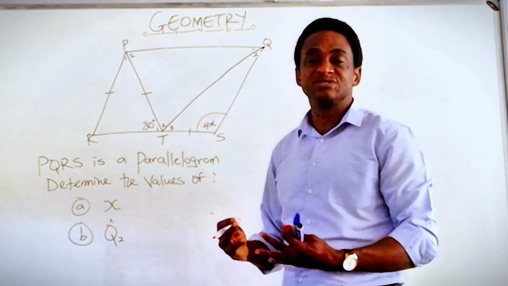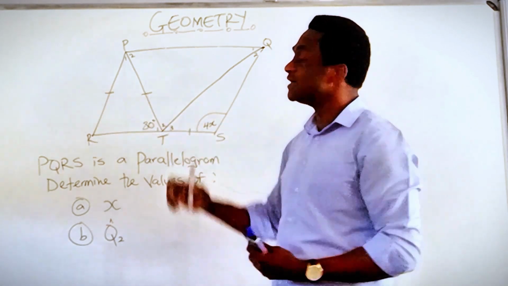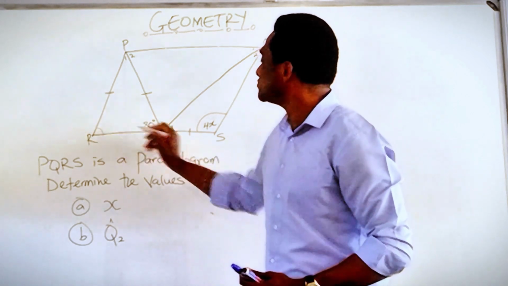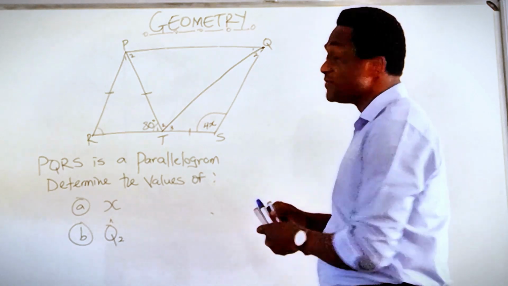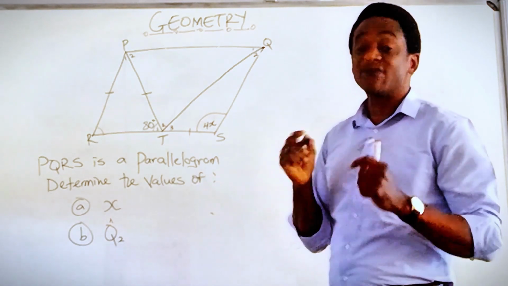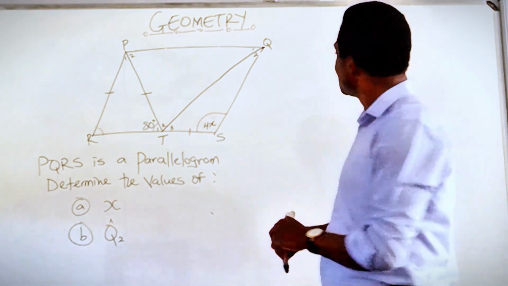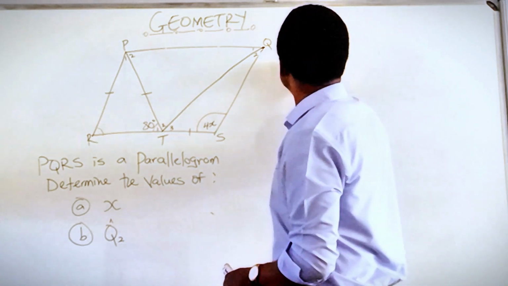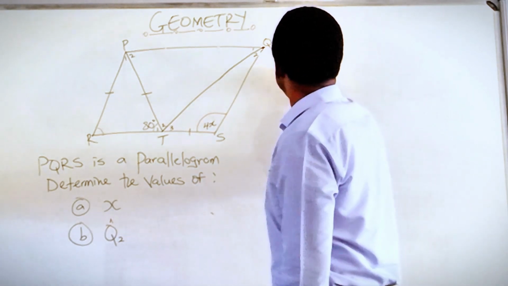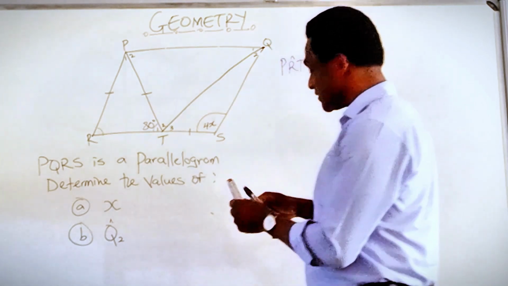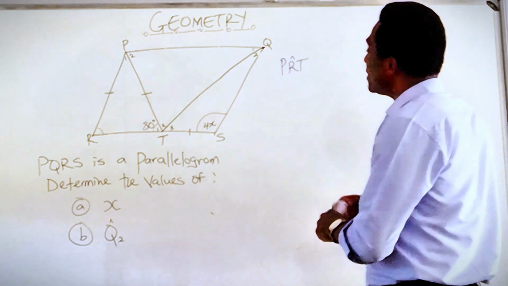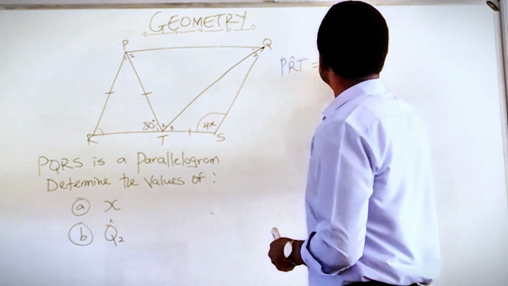The theory of the isosceles triangle: if two sides are equal, their base angles will also be equal. That means, remembering that with geometry at this level we have to put down all the reasons, here we have angle PRT will be equal to 80 degrees.